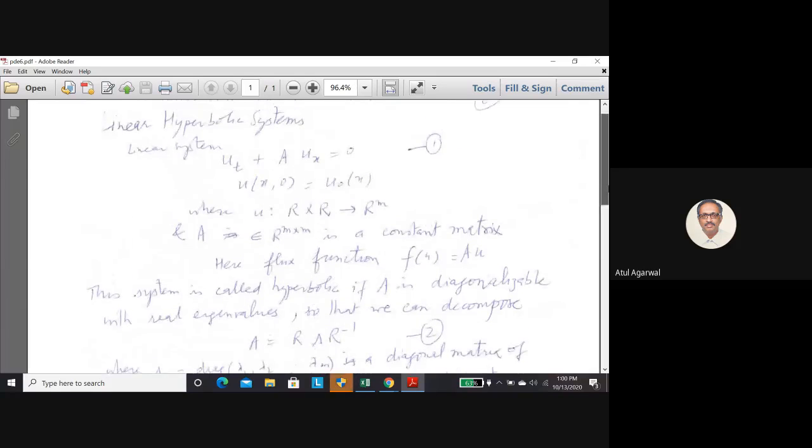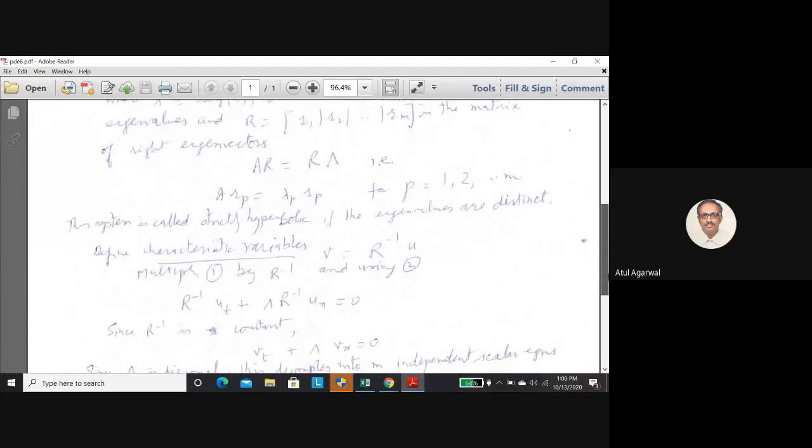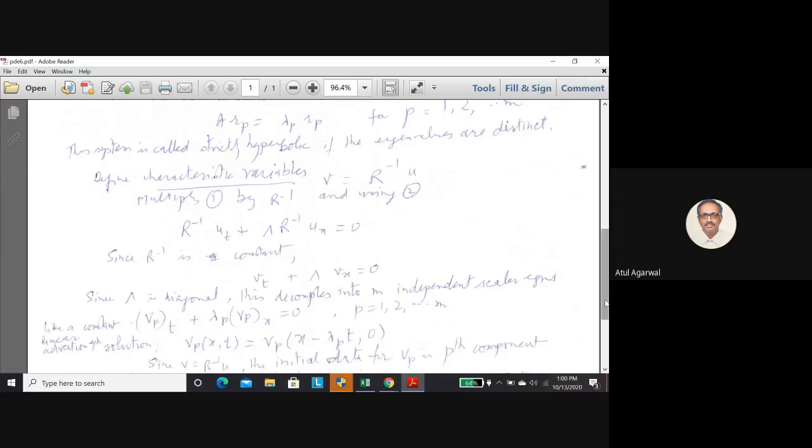So if you multiply this equation 1 by R inverse, you get R inverse ut plus lambda R inverse ux. Since R inverse is a constant, you can write it as Vt plus lambda Vx, where you have defined V as R inverse U. So you see you have decoupled the equations.